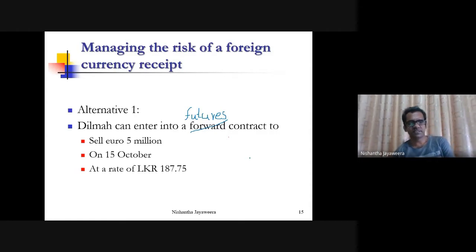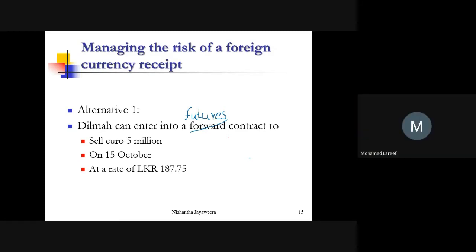You can avoid the settlement. What does settlement mean? Because it's done through an exchange, they have to keep the margin and so on, so they can avoid the settlement risk.